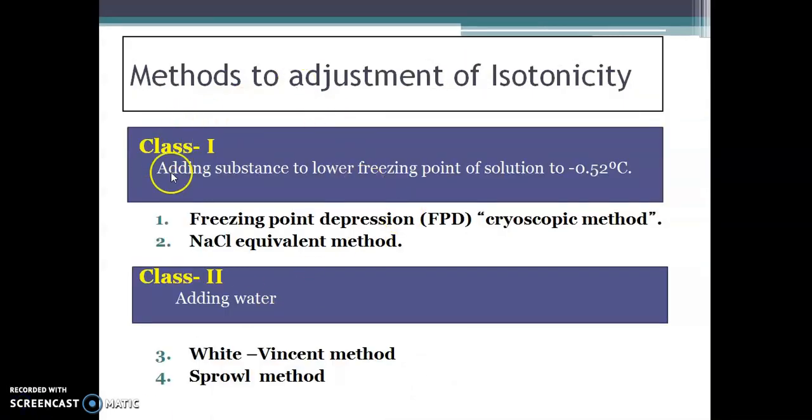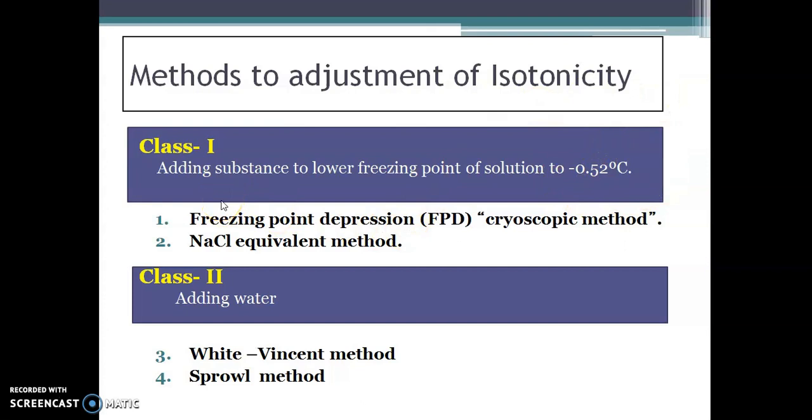Now in class 1 method, substances are added to lower the freezing point of the solution to minus 0.52 degrees Celsius, that is the depression in freezing point of the blood.